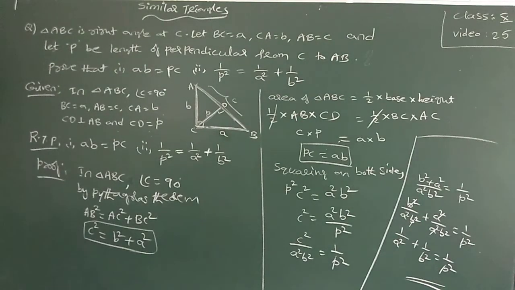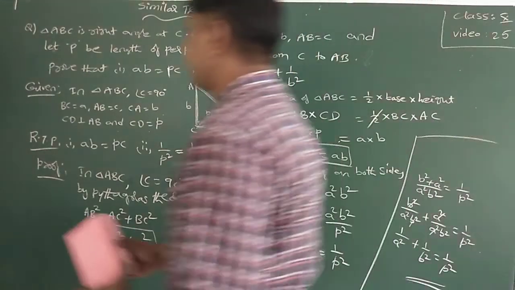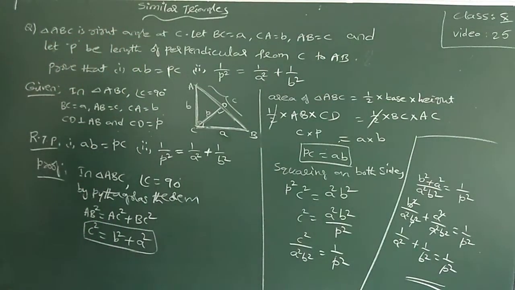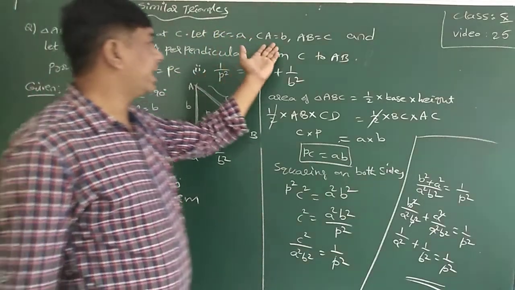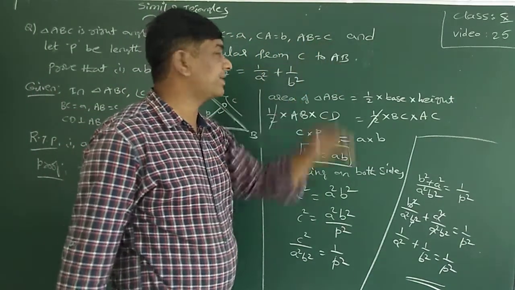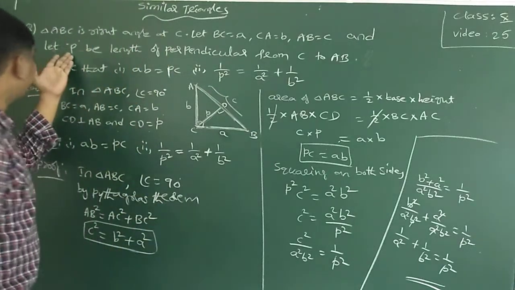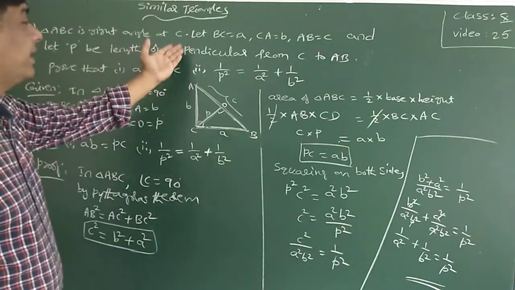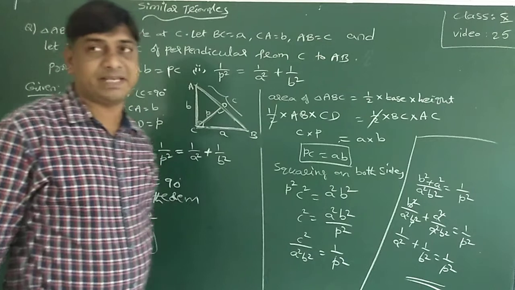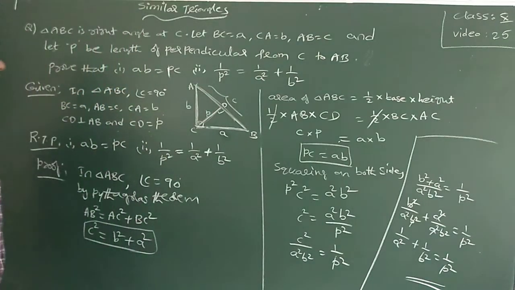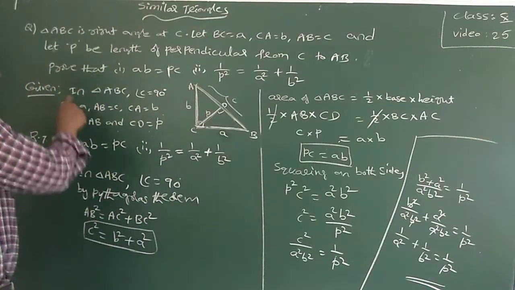In case any doubt is there, I will explain once again. See here, triangle ABC is a right angle at C. Let BC be a, CA be b, AB be c, and p be the length of the perpendicular from C to AB.